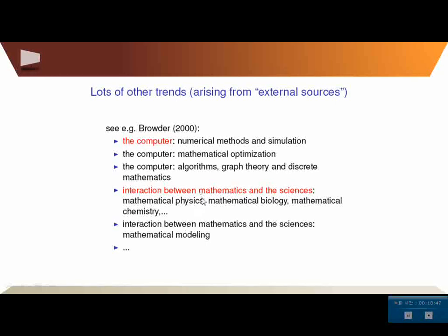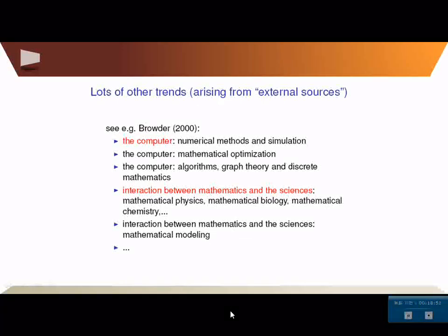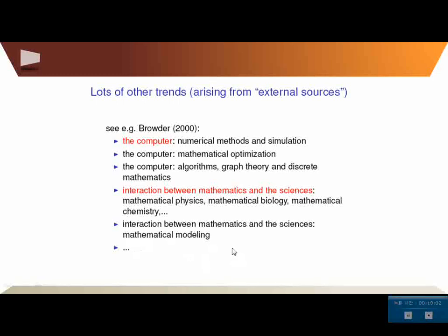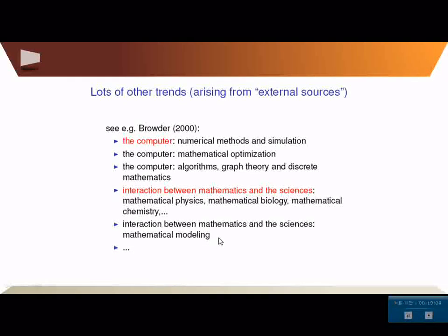Okay. The reason that I got interested in these is that Sungkyunkwan University has had the BK21 mathematical modeling division for the last 7 years. We worked on computational mathematics, numerical linear algebra, and mathematical modeling.